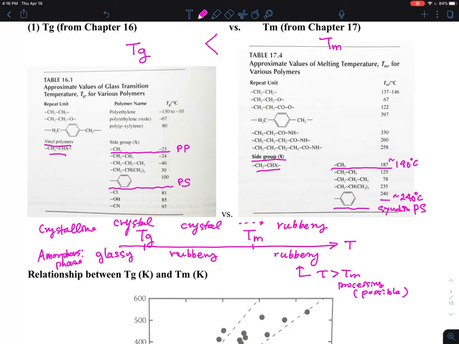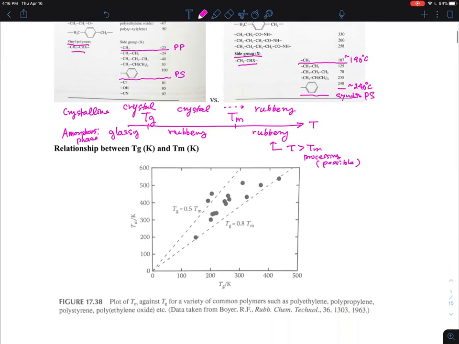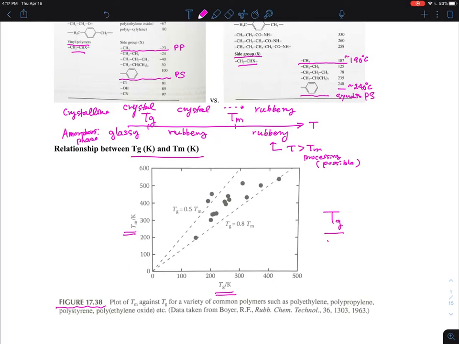Okay, I just wanted to give you a general concept, and this is Tg versus Tm in terms of Kelvin, and going toward the end of the chapter, this gives an idea that usually Tg is smaller than Tm. The ratio of Tg over Tm is between 0.5 and 0.8.